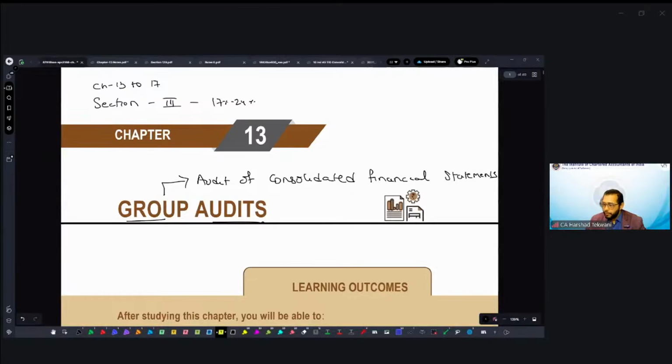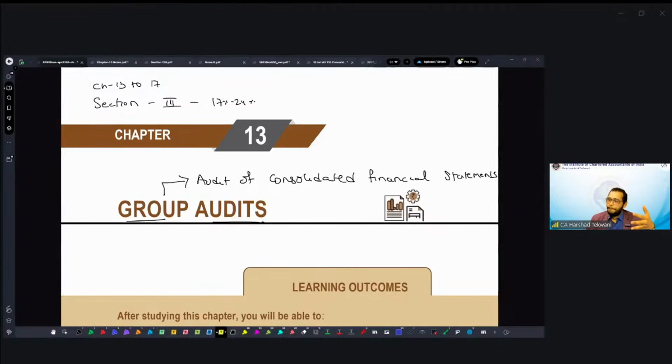Okay, if no doubt, then let me start the next chapter, which is chapter number 14. Chapter number 14 is divided into two units. Unit 1 is the audit of banks, and Unit 2 is the audit of NBFCs. We will first start with Unit 2, the audit of NBFCs.